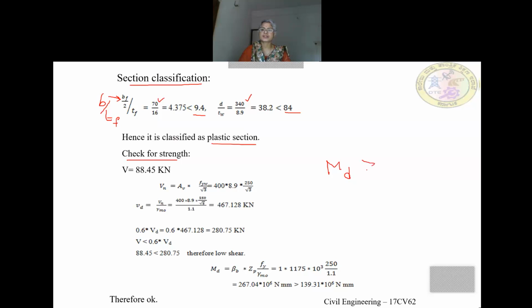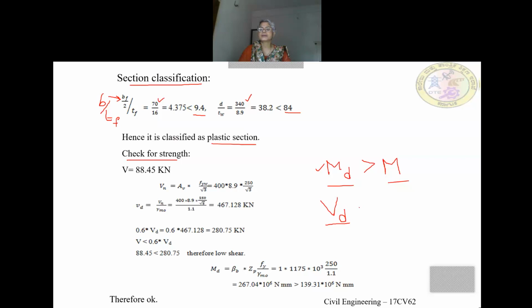MD should be greater than the moment coming on the beam M, which we have calculated. So now we have to find out MD. Before calculating MD, we have to check whether it is a beam of low shear or a beam of high shear. For that, we have to find out VD, the design strength. So first we have to find out VD.